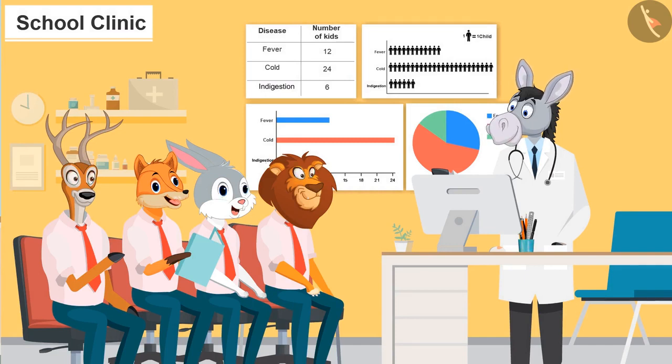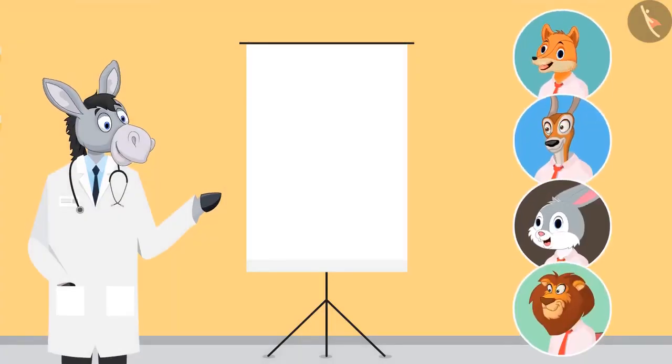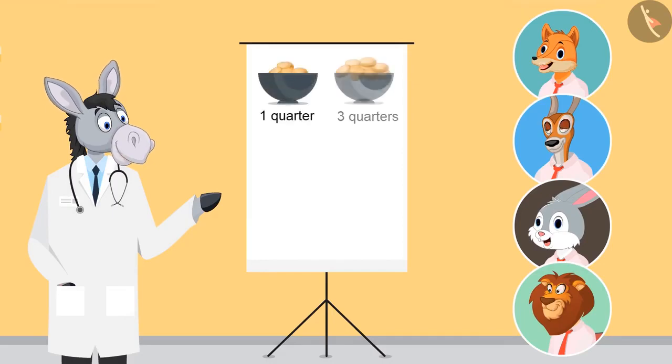Is this a right belief? First, tell me which is more, 1/4 of potatoes or 3/4 of potatoes? 3/4. Right answer. Kids, do you know we can write quarter as 1/4 too?